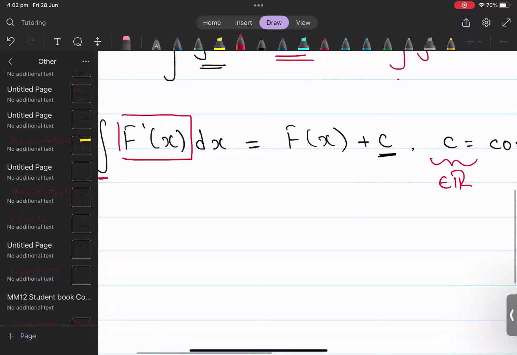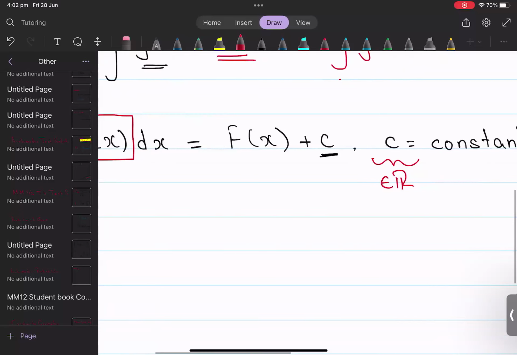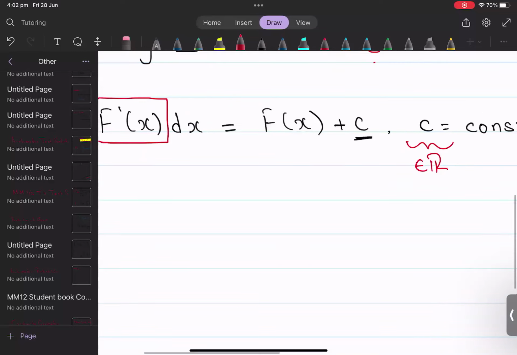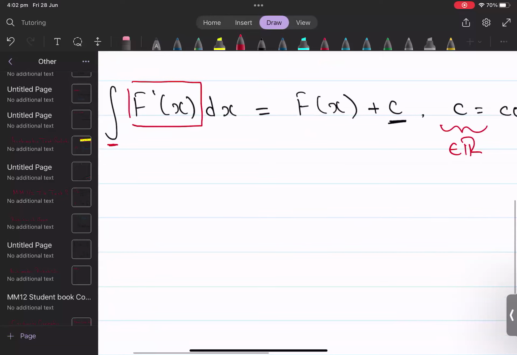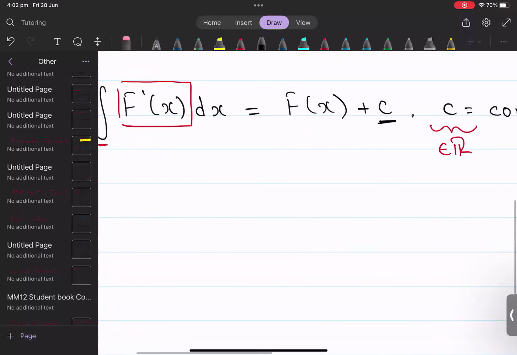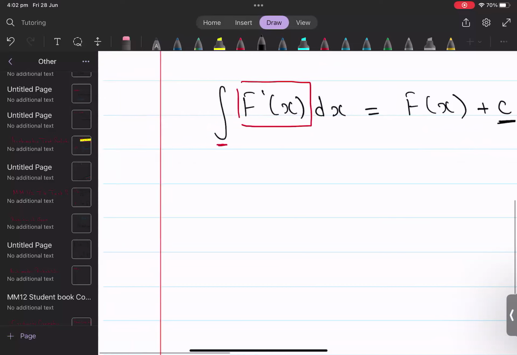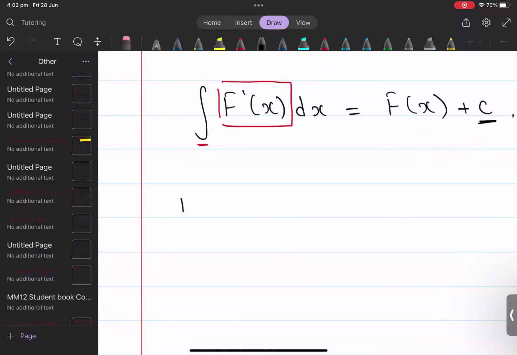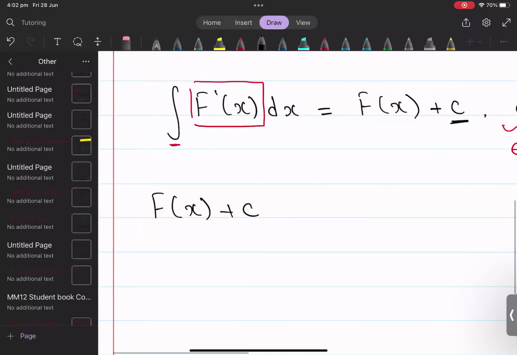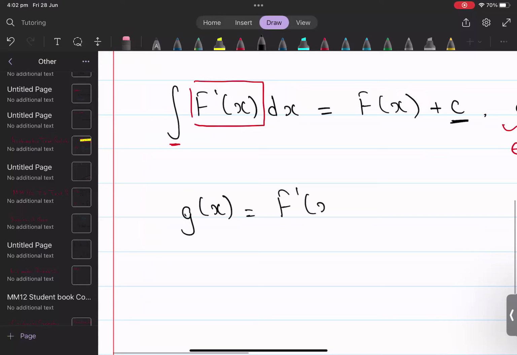But you might be asking, why do I have to include this constant here? What happens if I don't? Well, loosely speaking, you have to add the constant here because think about it. If you differentiate the function f of x plus c, the whole point is g of x was defined as f dash of x.